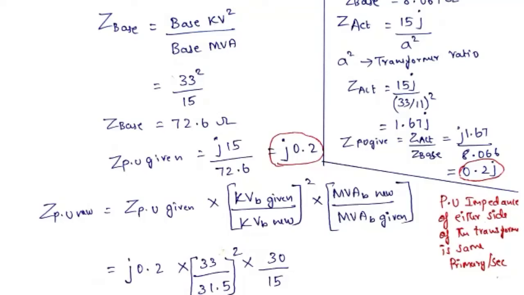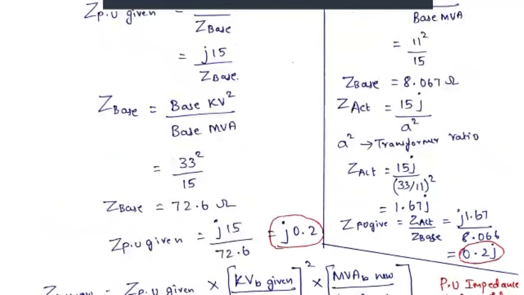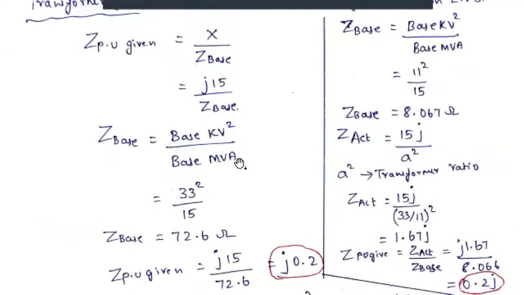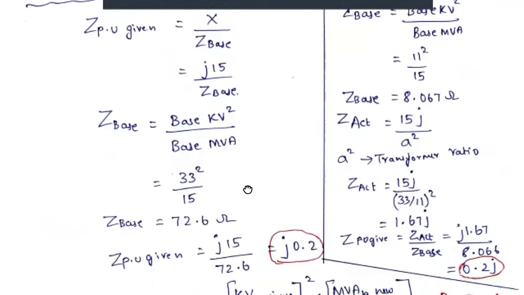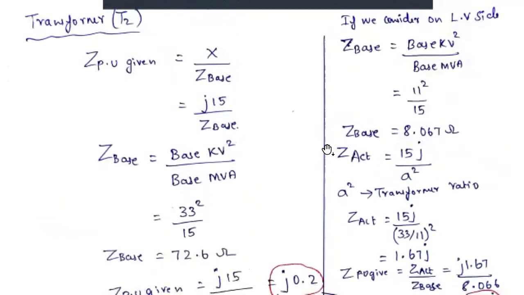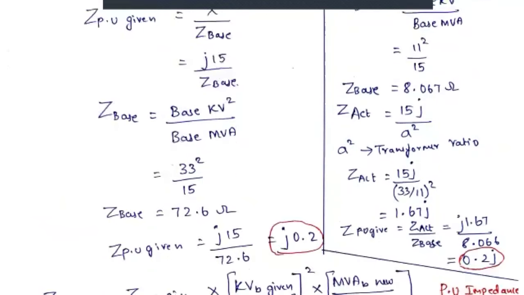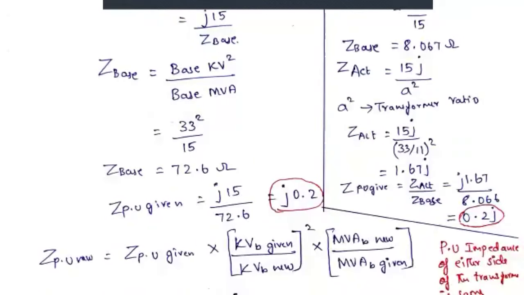Both sides the per unit impedance is same for the transformer. So you can calculate either this side or this side, and you will get the same answer. Better you go for the HV side, because we are referring to the HV side. If you consider LV side also, no issues, you will get the same answer.